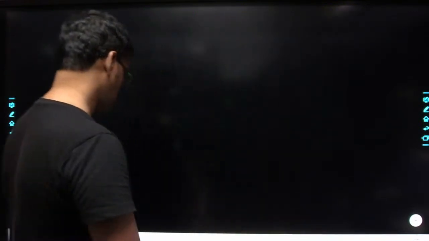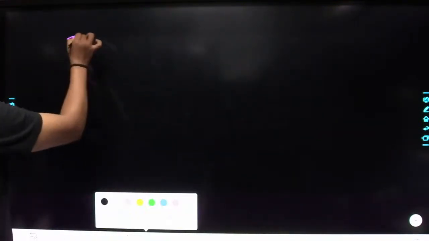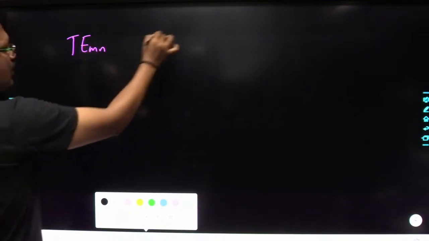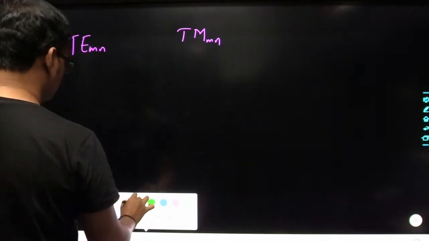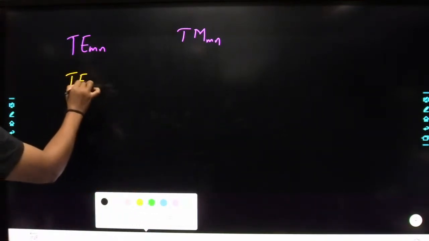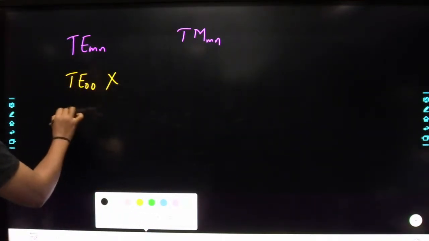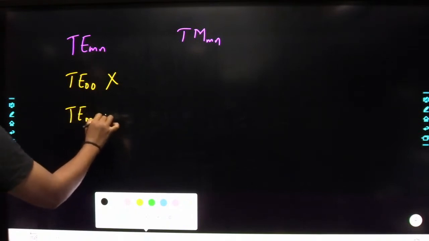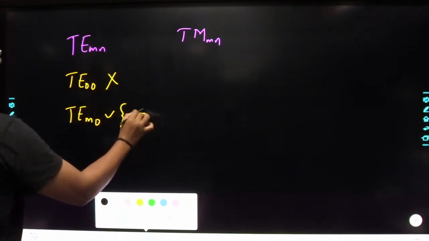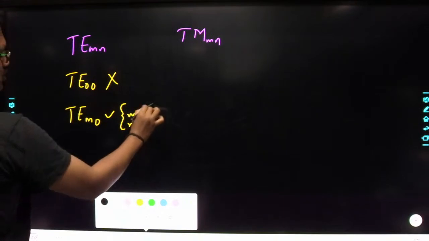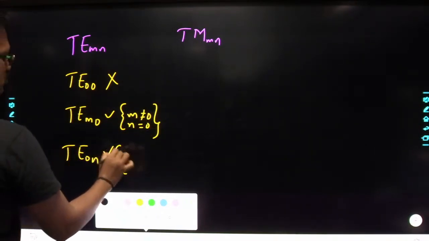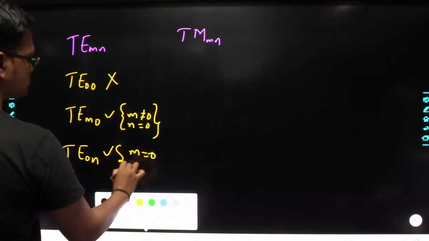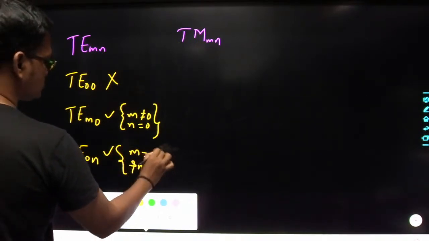Okay. So if you compare TEmn and TMmn, what are the modes that are possible here? TE00 is not possible, TEm0 is possible, here m not equal to 0, n equal to 0, and TE0n mode is also possible, here m equal to 0 and n not equal to 0.